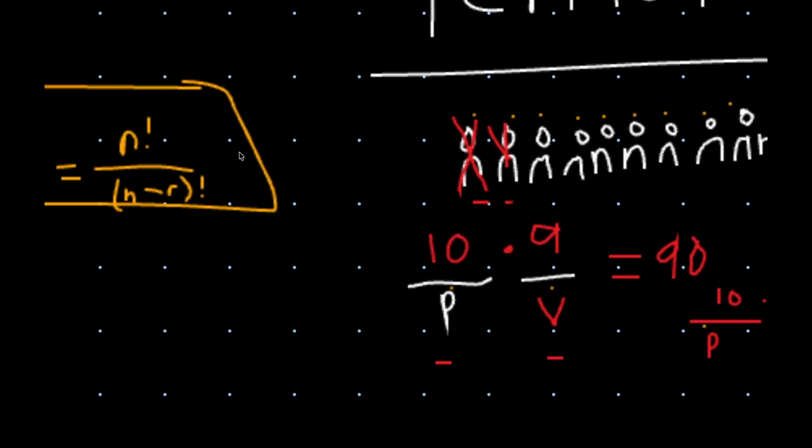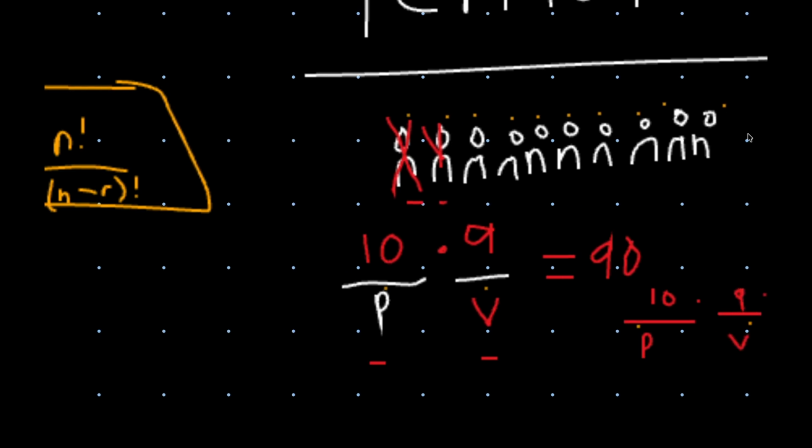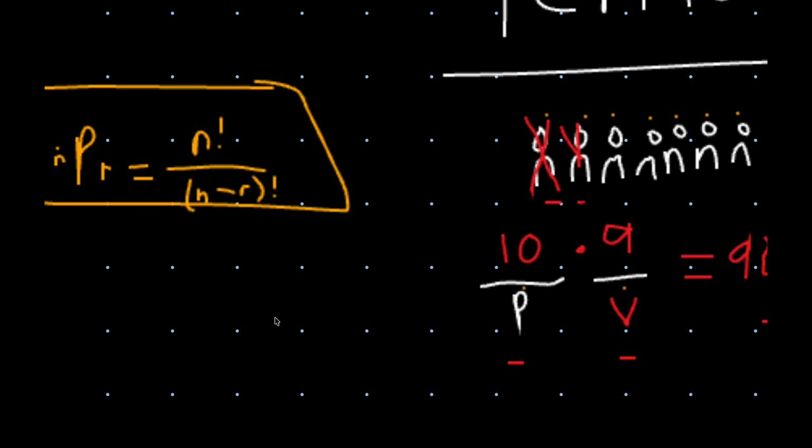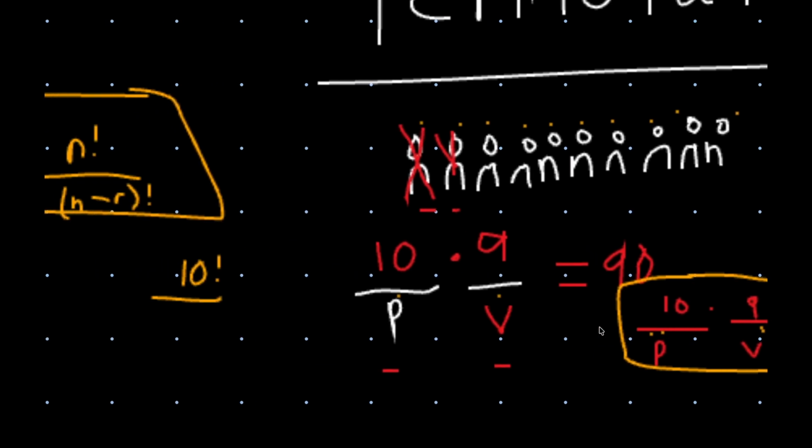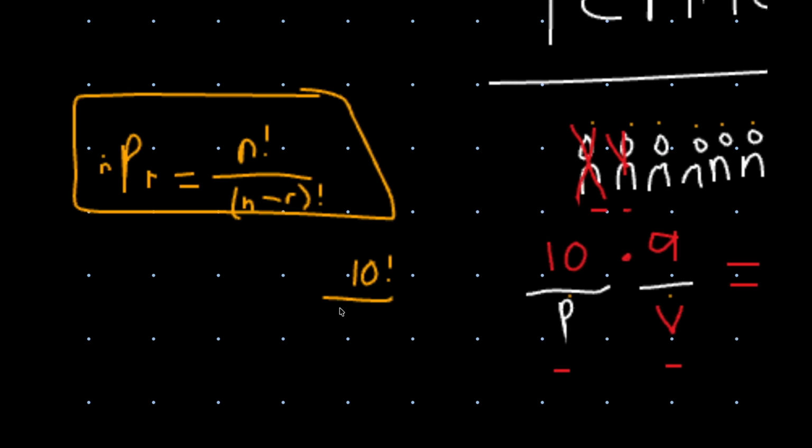Okay, so for n factorial, there are 10 students, which is this number. So 10 factorial over, let's try out this one. So there are 3 slots. So 10 minus 3 factorial.